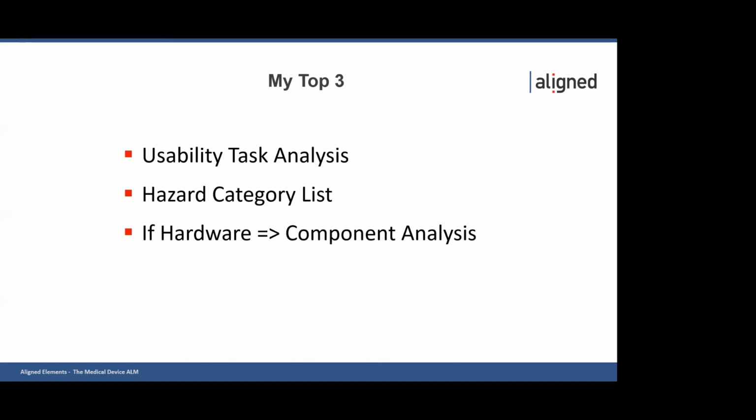There are going to be categories that are not applicable, but going through things that aren't applicable will also give you a sense of confidence, right? And confidence comes, to a certain extent, from being able to show what you've looked at and also what you've not looked at. So using the hazard category list, you can show that you've used a structured approach. I've considered all this, some of it's applicable, and where it's applicable, I've done my work. So that's one that is very easy to use.